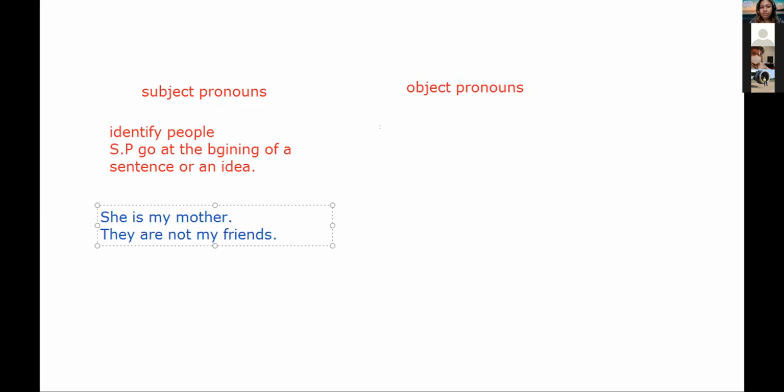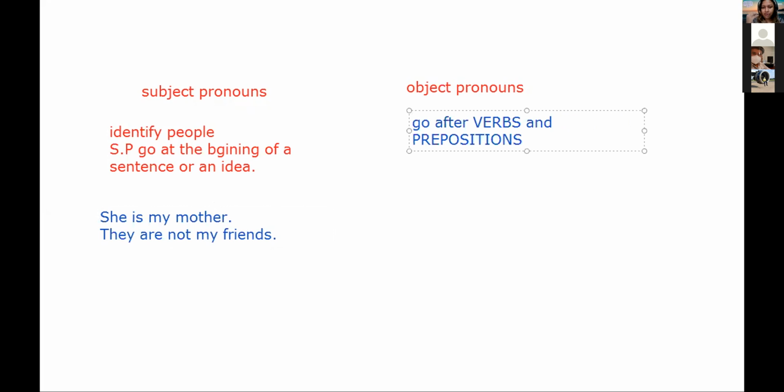Now, an object pronoun. Object pronouns go after verbs, and you see, after prepositions. So every time I have a verb and a preposition, I have to use an object pronoun.